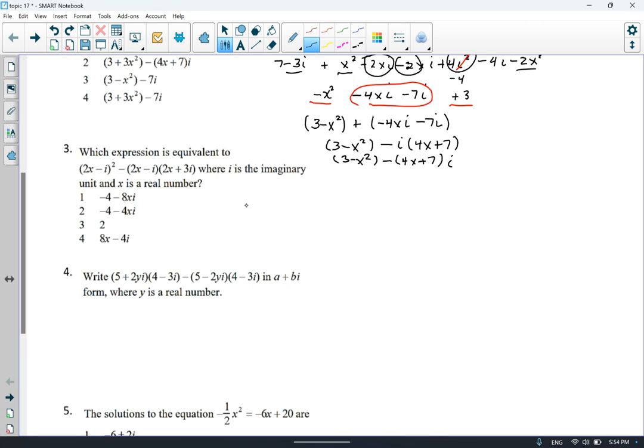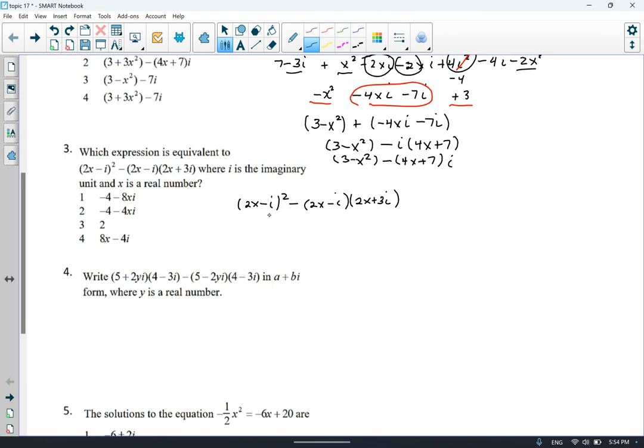Okay, so we're going on to 3. So this is 2x minus I squared minus 2x minus I times 2x plus 3i. And I'm going to do this problem two different ways. I'm going to first do it the long way.